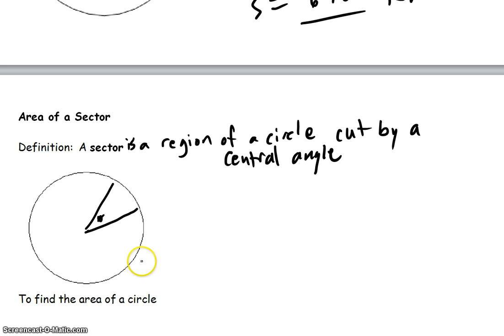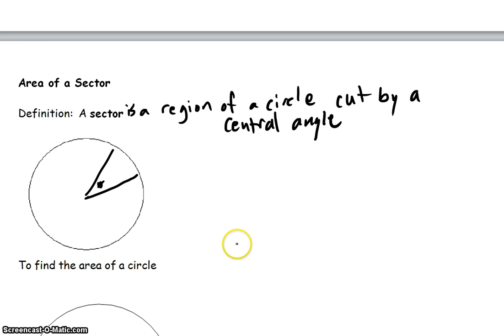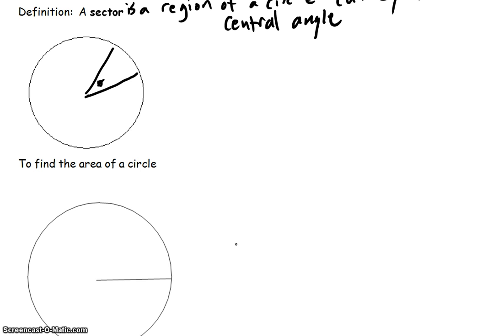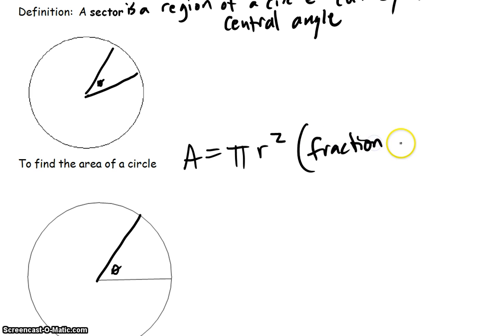Okay, so we have this central angle. Now, again, this central angle is proportional to the entire circle. So if we find the area of the circle, it's pi r squared. But again, if we want a proportional fraction of the circle, we would multiply it by the fractional proportion of the circle that we're taking of the area.